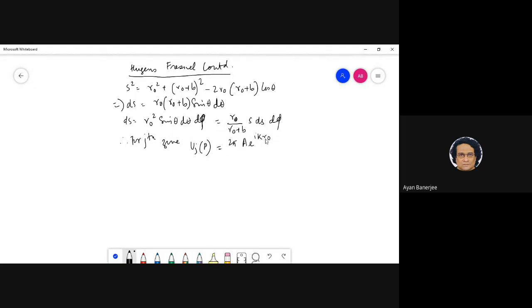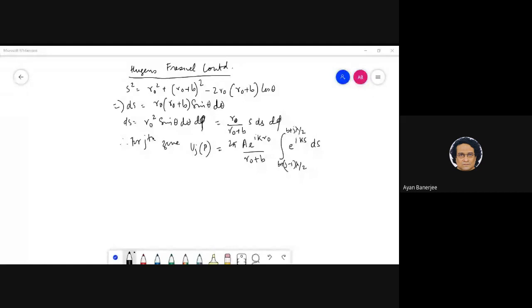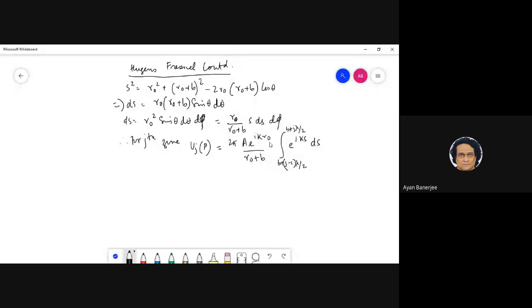So i k r0 by (r0 plus b), and I will integrate between b plus (j minus 1) lambda by 2 and b plus j lambda by 2. This is the contribution of the jth zone, e to the i k s ds. Let me see if I've got this correct. I have missed Kj.